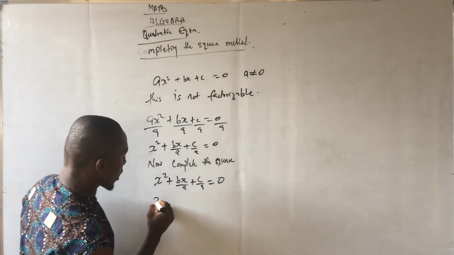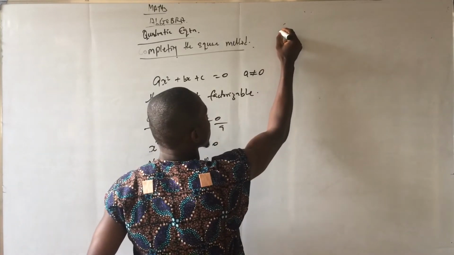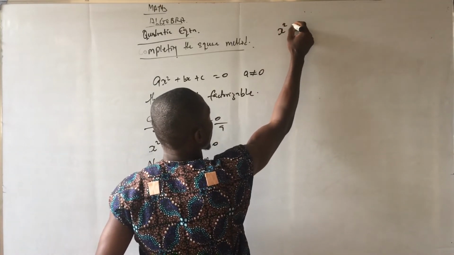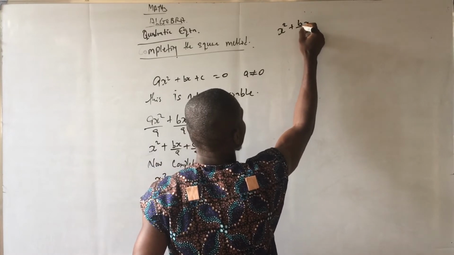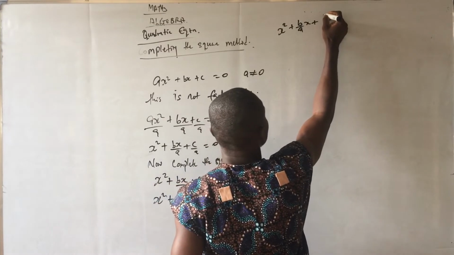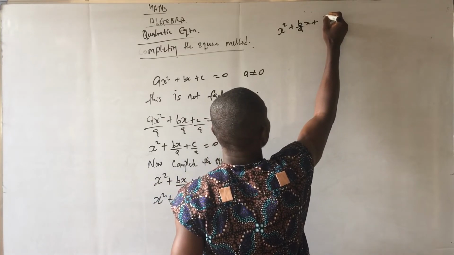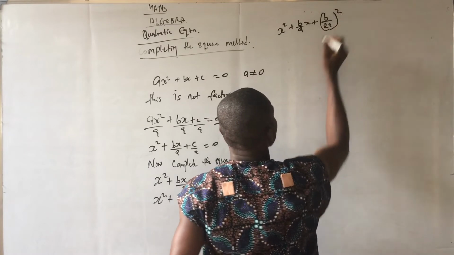I add the 0 by saying x squared plus bx over a plus b over 2a all squared.